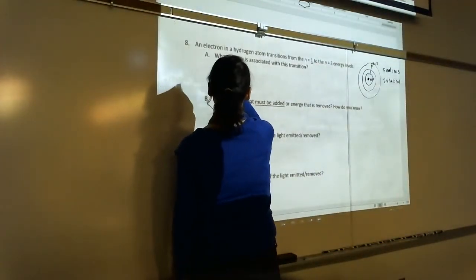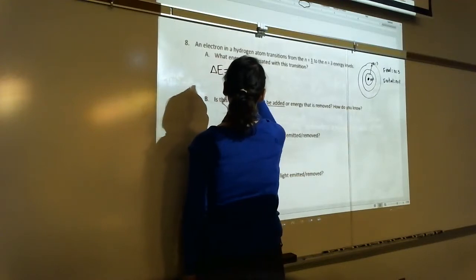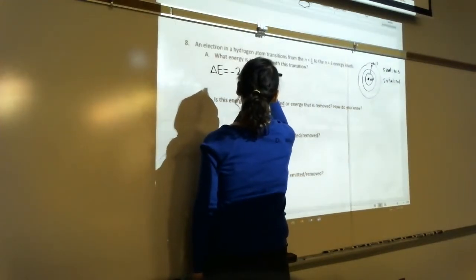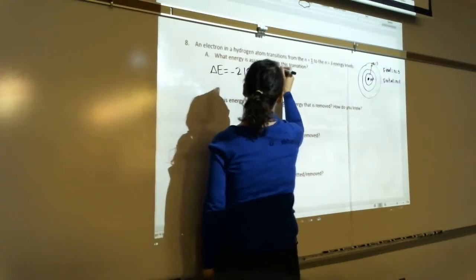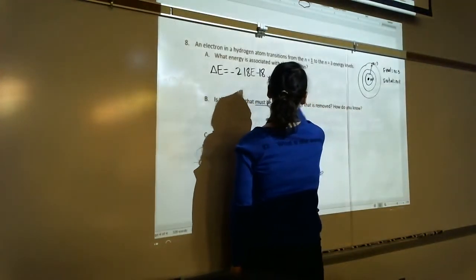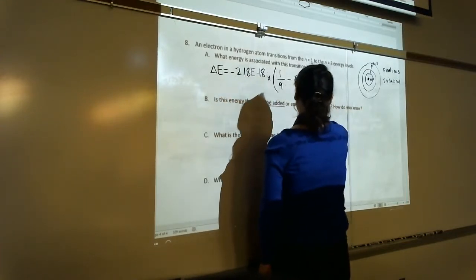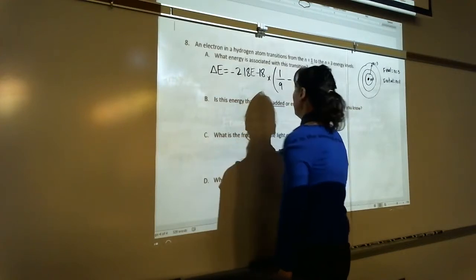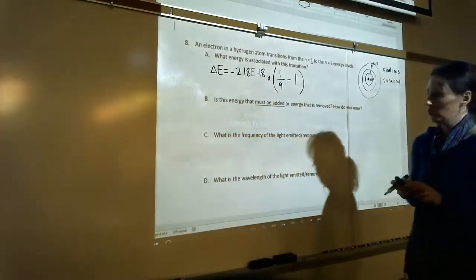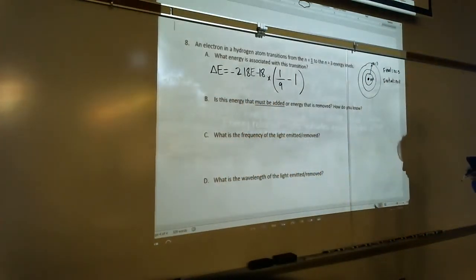Okay, so delta E equals negative 2.18 times 10 to the negative 18th times 1 over, what's the final state? 9. And what's the initial state? 1. Because 1 over 1 is 1.